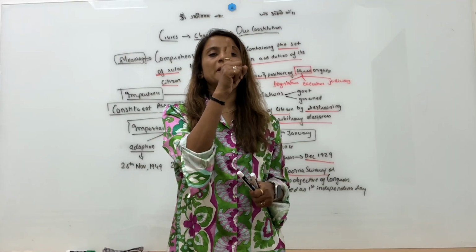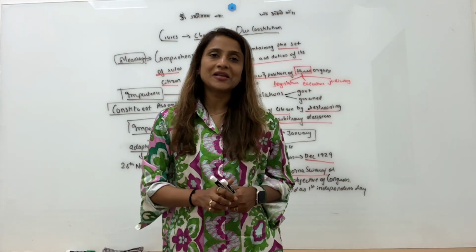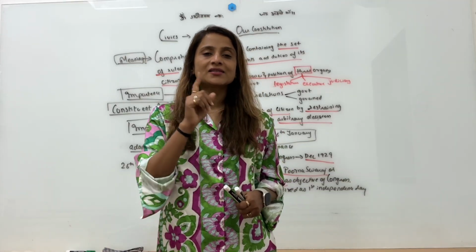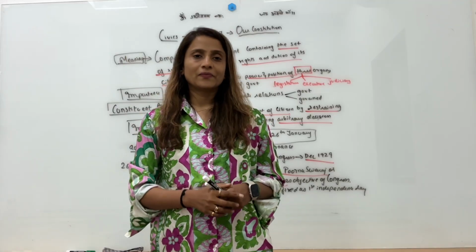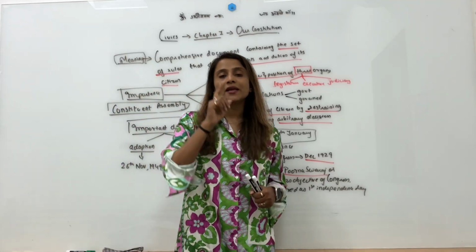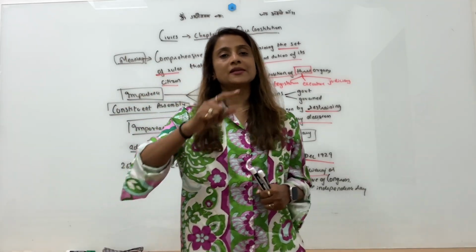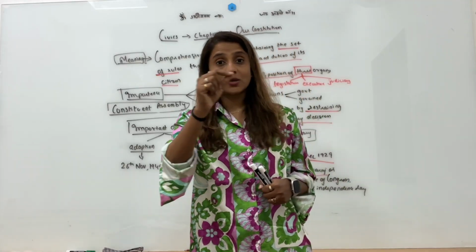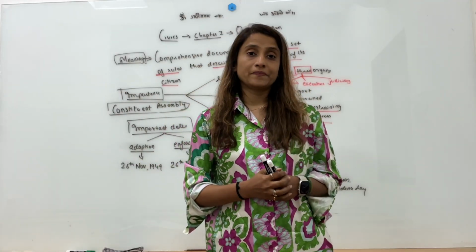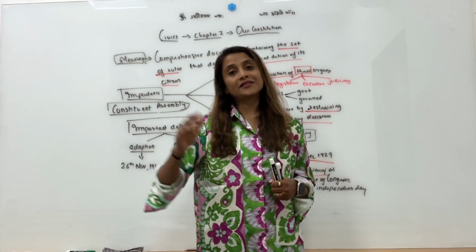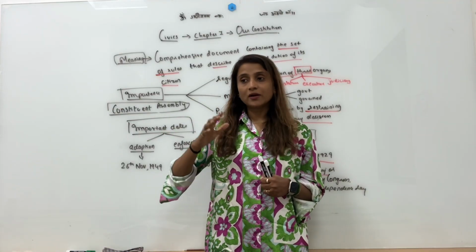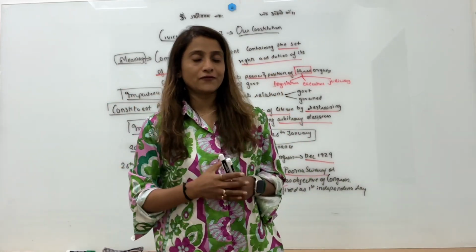The first Independence Day of India was celebrated on 26 January 1930. It was decided that every year we will celebrate 26 January as our Independence Day, till we did not get our independence. So we got our independence on 15th August 1947.